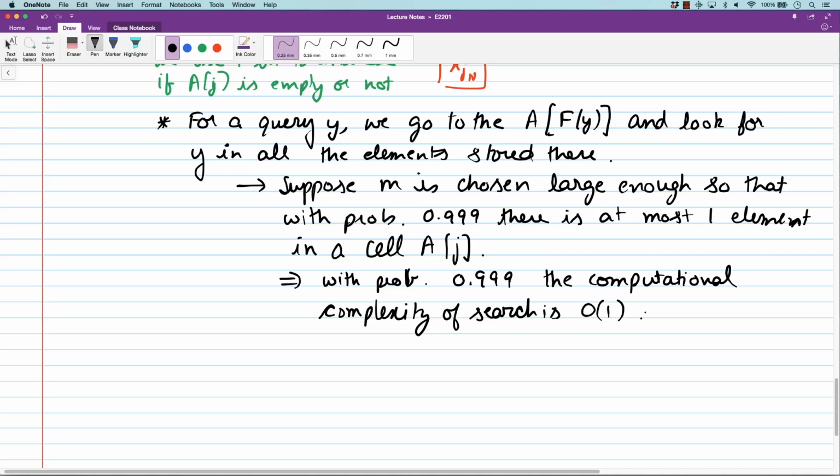Okay, because you just go there and there's just one element you search for. So what is this m which will ensure this? We'll try to find this m.